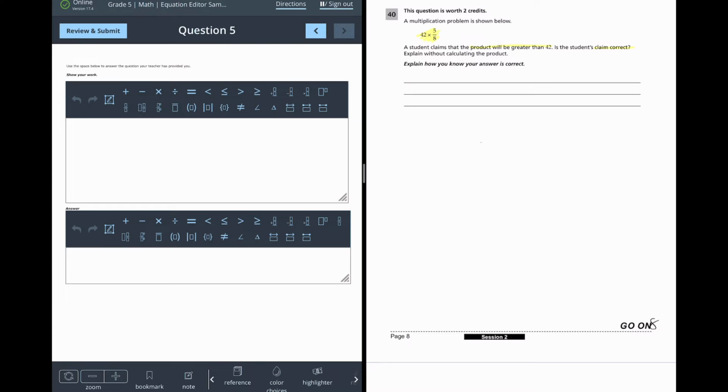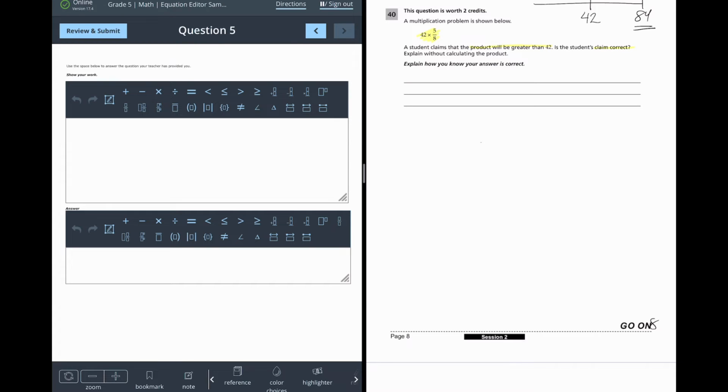Well, I know that if a number is multiplied, let me put it on a number line. If I multiply 42 by 1, I'm going to get exactly 42. If I multiply by a number that's bigger than 1, so let's say any number bigger than 1, I'll pick 2, I get 84.